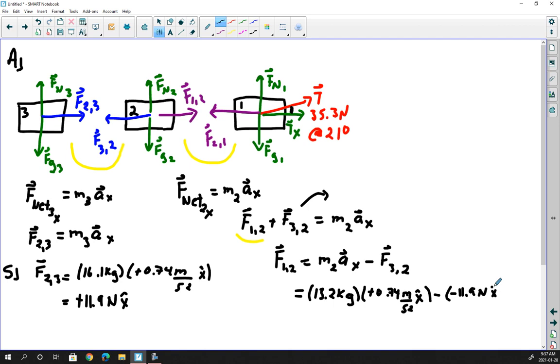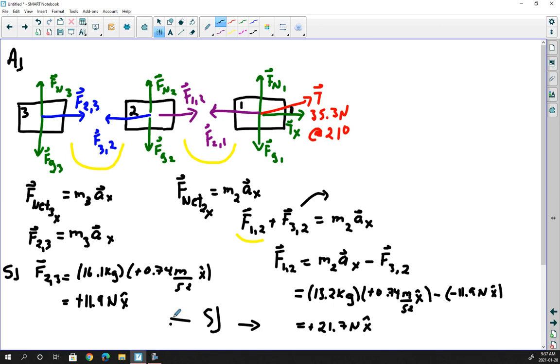Newton's third law. So you plug that all in, and you get positive 21.7 newtons x hat. And those are our final solutions right there.